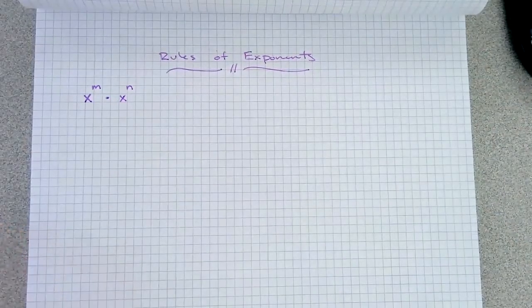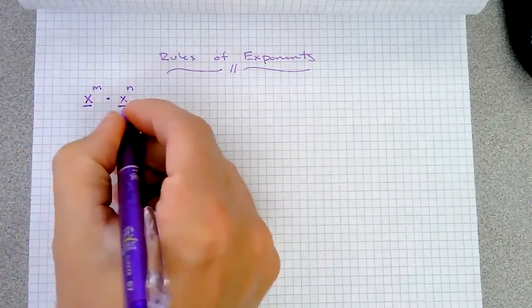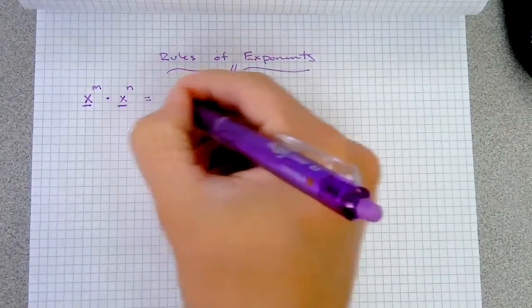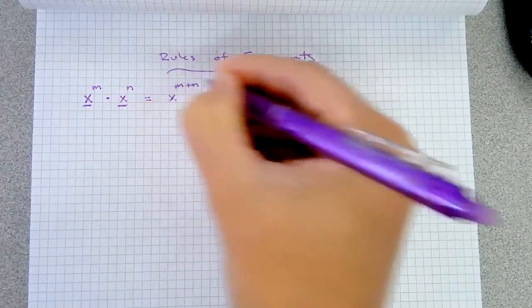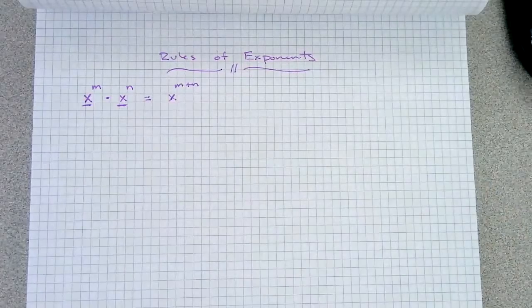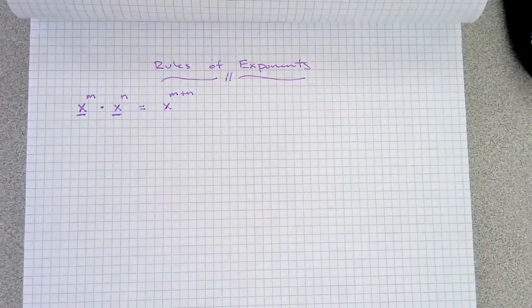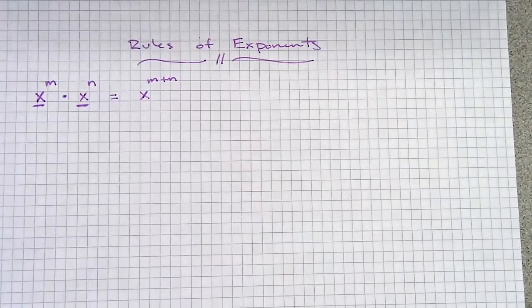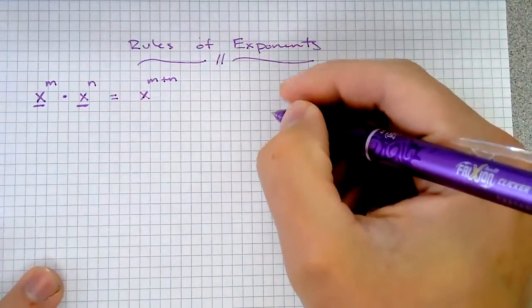Okay, if you have two exponents, they have to have the same base, like so, and if they are being multiplied, you add the exponents. So in this case, if you have x to the m times x to the n, it equals x to the m plus n.